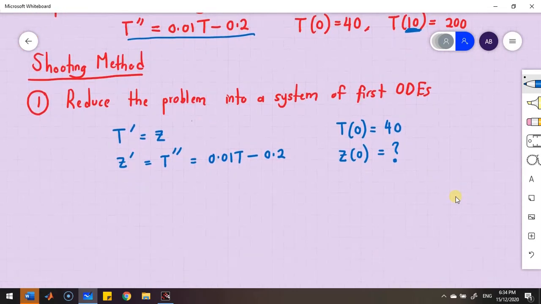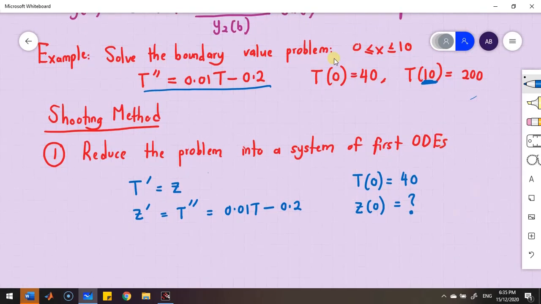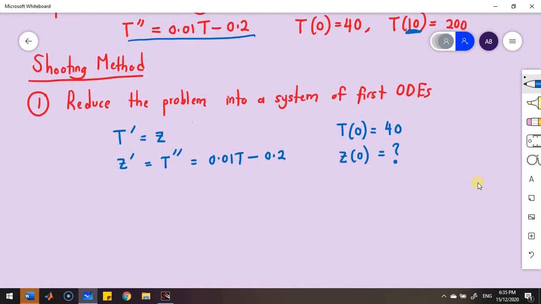We need to choose the initial Z0, any value. So let's start with Z0 equals 15.